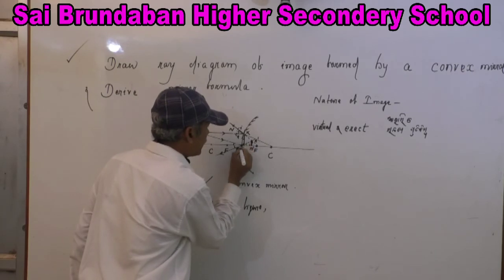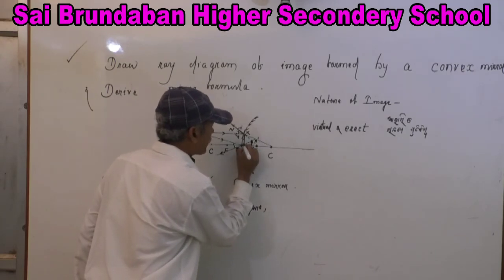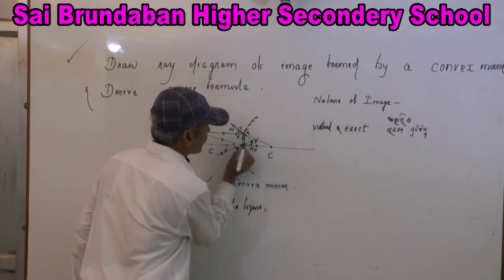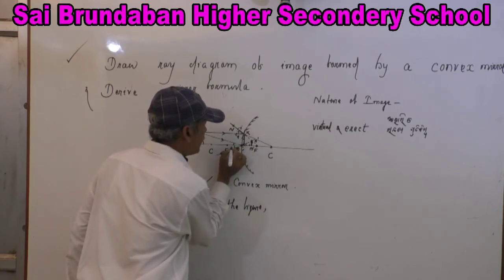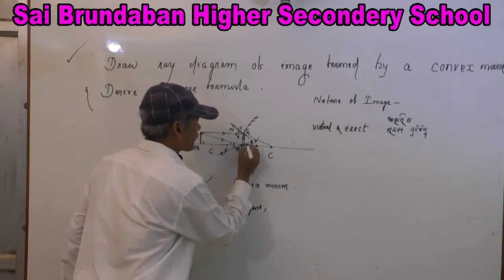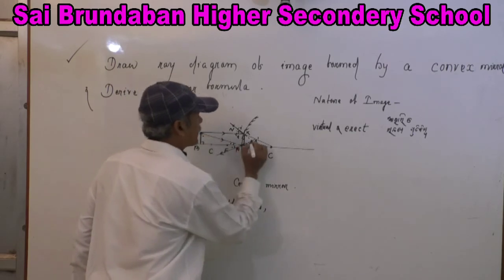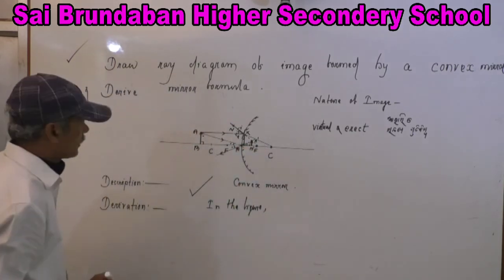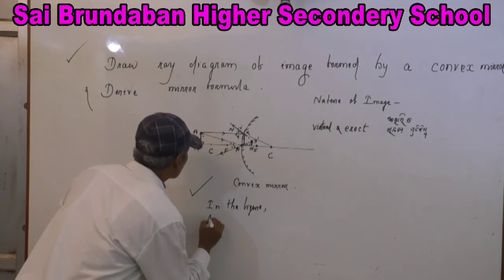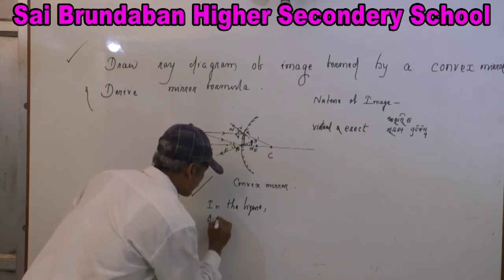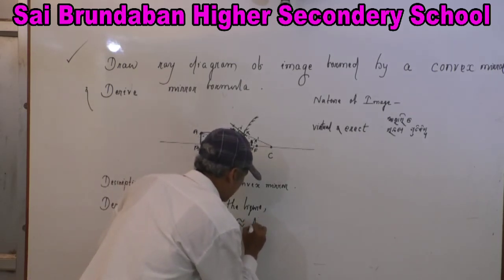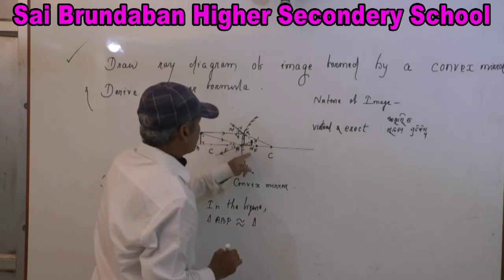Okay, this angle is equal to this angle, opposite angles. This angle is equal to this angle. Hence, this angle is equal to this angle. No doubt, this angle will be equal to this angle. So both the triangles are similar. Write down: triangle ABP is similar to the triangle A dash B dash P.